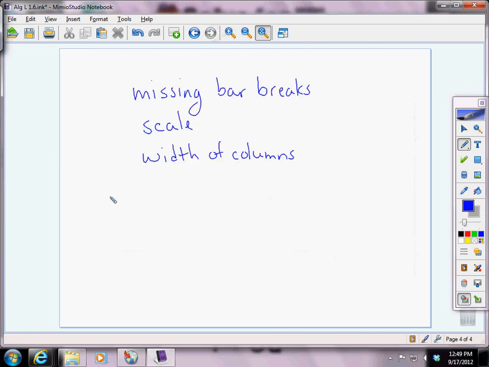I apologize for the sloppiness of this, but they might make things really wide and really skinny, and that makes us think something's bigger or smaller, when in reality it doesn't matter how wide they are, it's how tall they are.